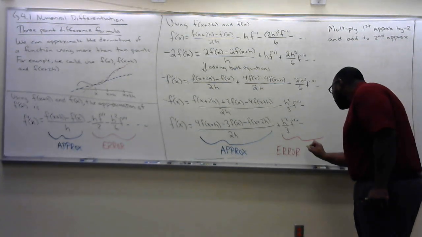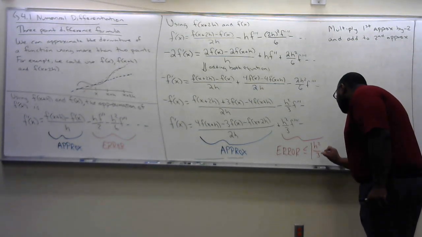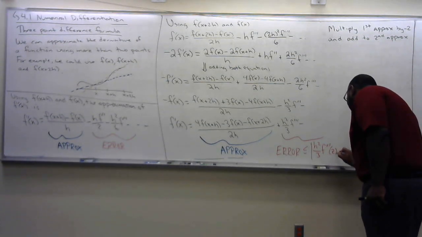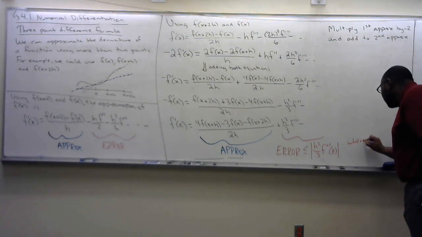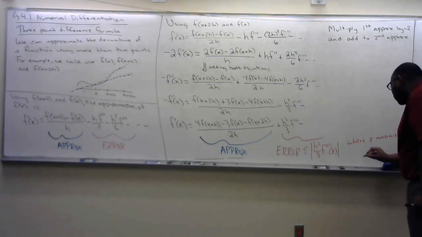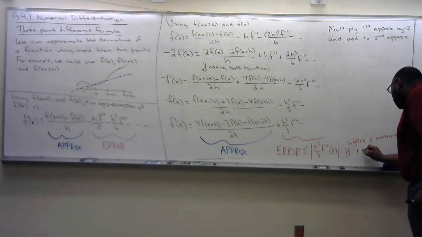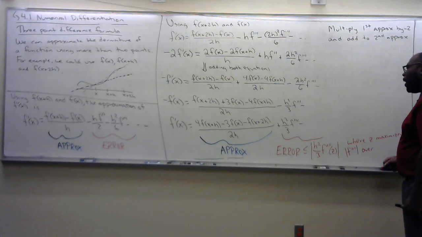And my error is going to be less than or equal to the absolute value of h squared over 3 times f triple prime evaluated at z, where z maximizes the absolute value of f triple prime over my interval. In this case, it's going to be x to x plus 2h.